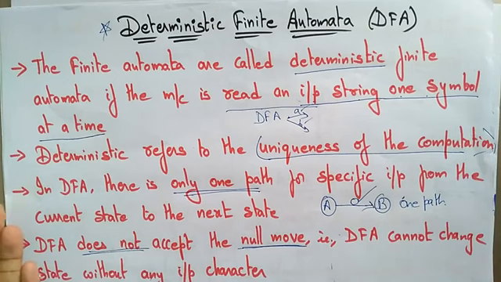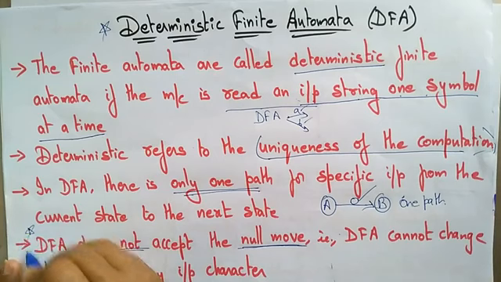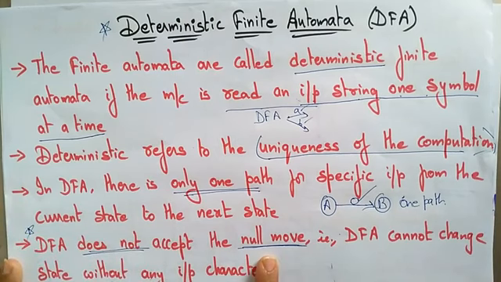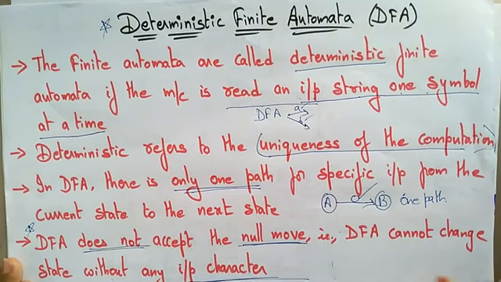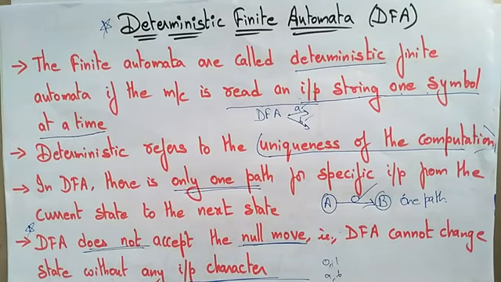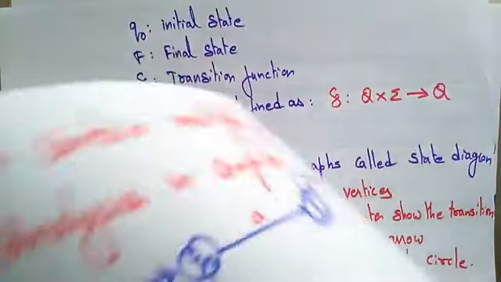If the input character is not present, it doesn't move to the next state. It will stay in that state only, and the string will be rejected. Whenever the input character, either 0 or 1 or A or B, anything, is present, then only it moves to the next state.